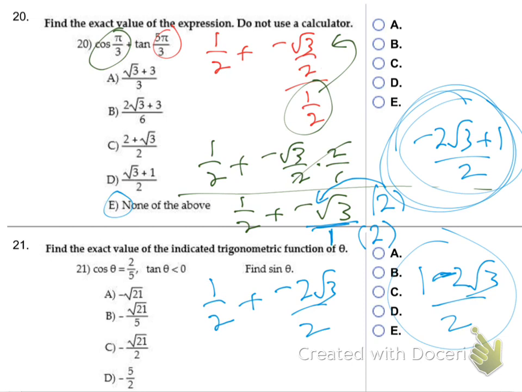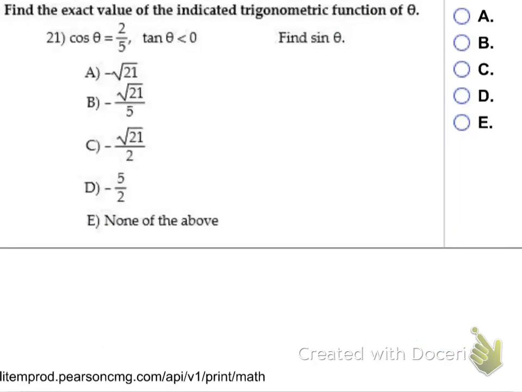Feel free to stop. I'm going to be trying to move fast, but you feel free to stop me. So cos theta is 2/5, tan theta is less than 0. Find the sine of theta. So it's one of those, draw the triangle. First off, we got to figure out which quadrant we're in. Remember how that works? All students take calculus.